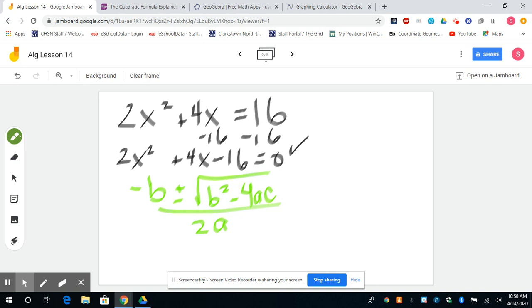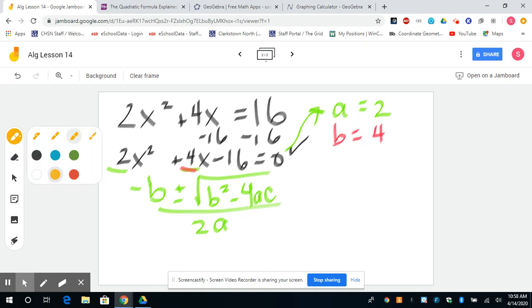Okay, and all I'm going to do is plug it in. What you should do first is list your values. So a is 2, a is the first value, b is +4, and c, careful, is -16. Right, you take that sign in front.